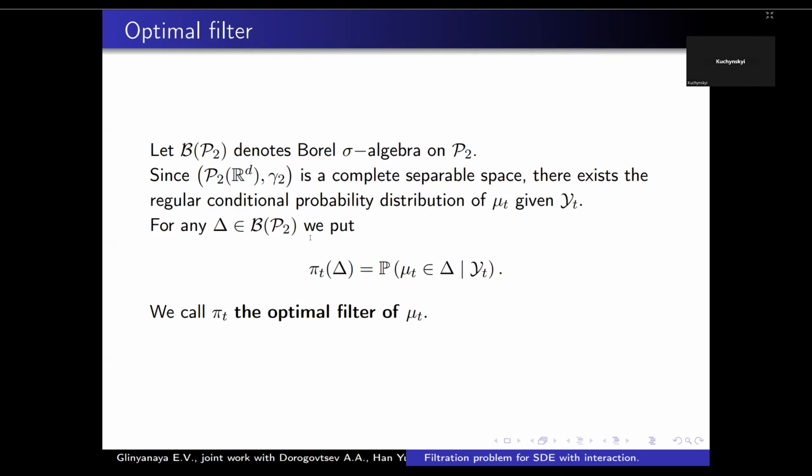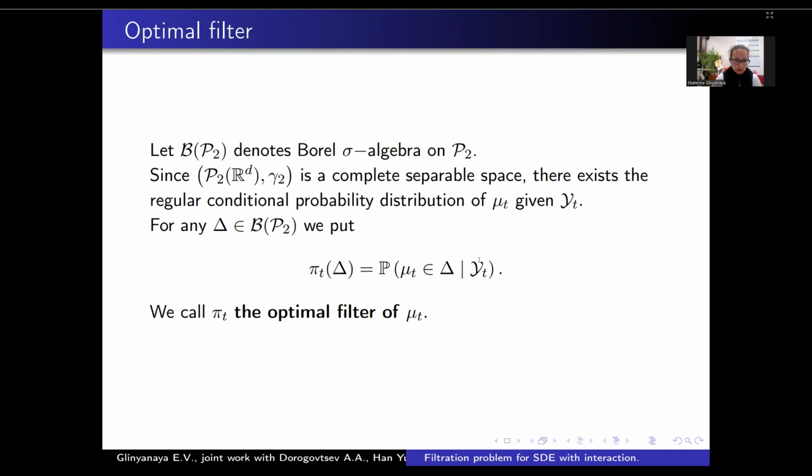So now we can define what we want to find. We want to find this regular conditional probability distribution of the measure mu t, given the sigma algebra of the observable process.